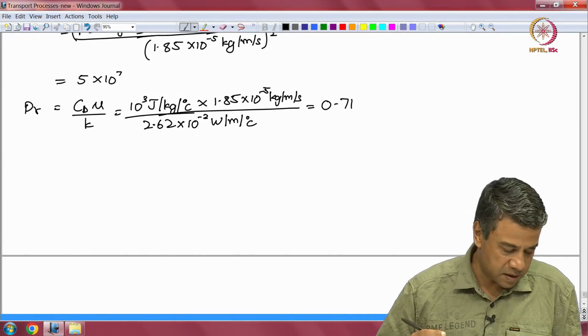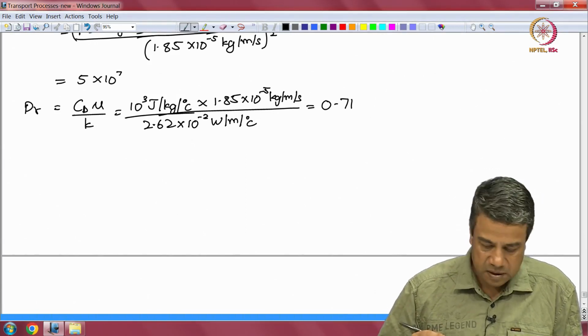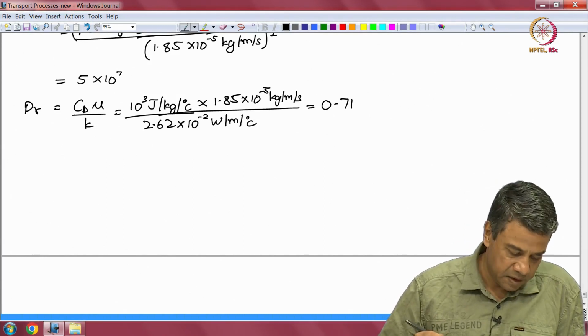Let us look at a typical situation for transport in a liquid.